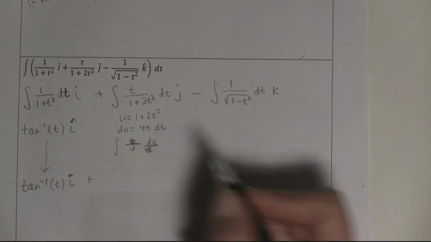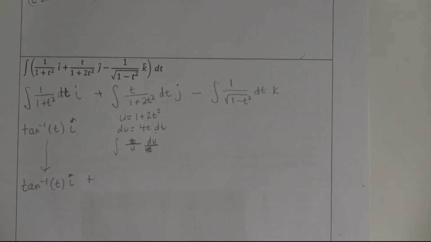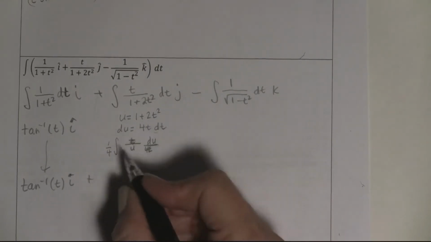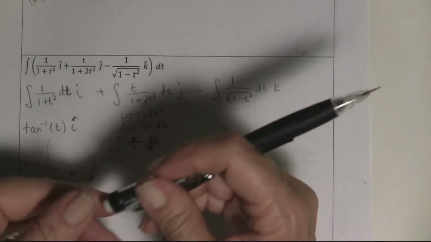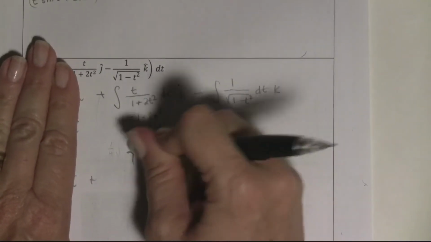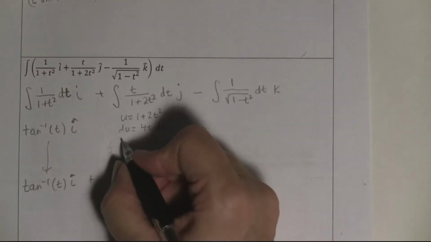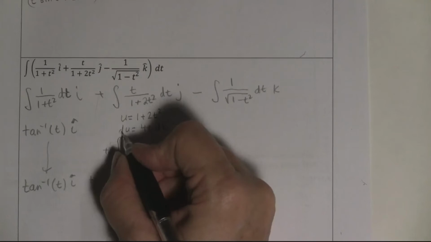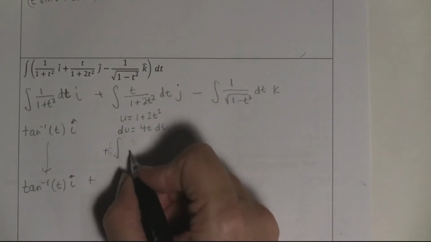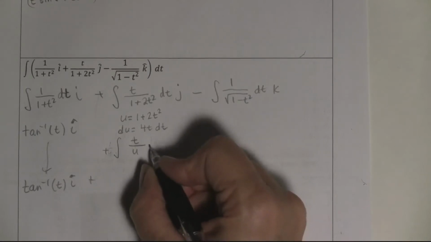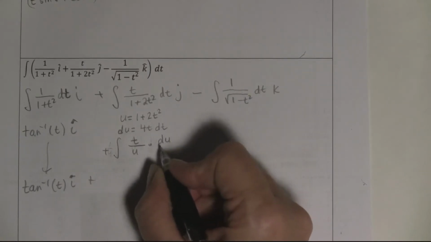And so now it's a matter of taking the integral of 1 over u, the 1/4. You can put the 1/4 in the front if you like. I crossed it out. I don't know why I've gotten so sloppy with my writing, but it might be because I've gotten too tired. My handwriting is really suffering.